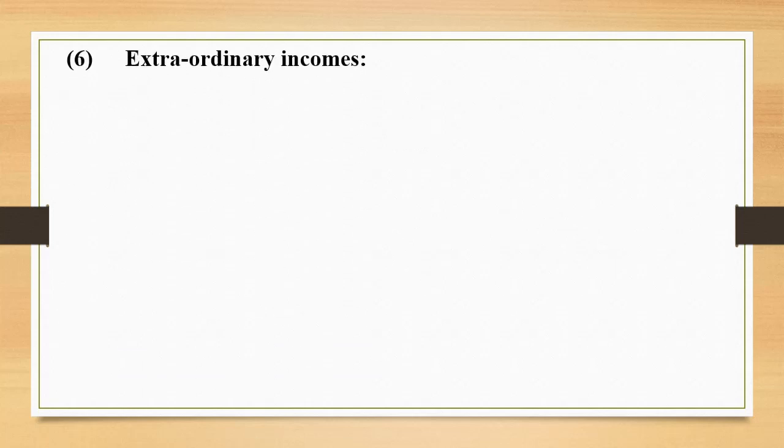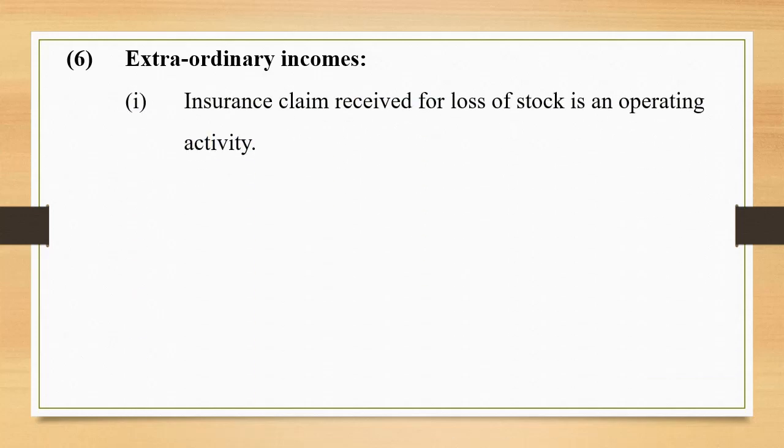Next, extraordinary incomes. It is also possible for a company to receive some extraordinary incomes. Let us see such incomes. Insurance claim received for loss of stock is one of the extraordinary items which we will face in the cash flow statement. It has to be categorized under operating activity.